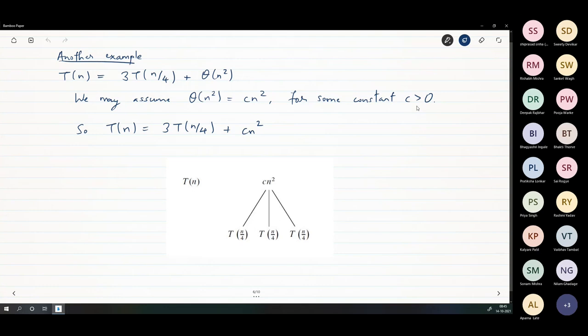So this is the first step. You'll replace the theta term with this constant times whatever the function is. That will make it easier to solve it. So what you have to solve now is t of n is equal to 3 times t of n by 4 plus c n squared.